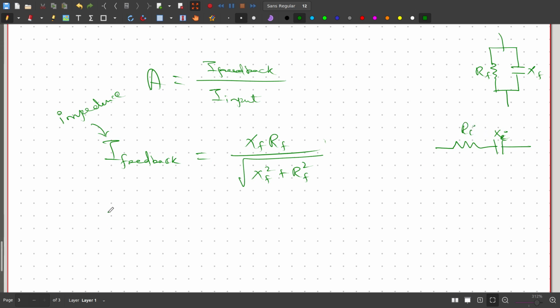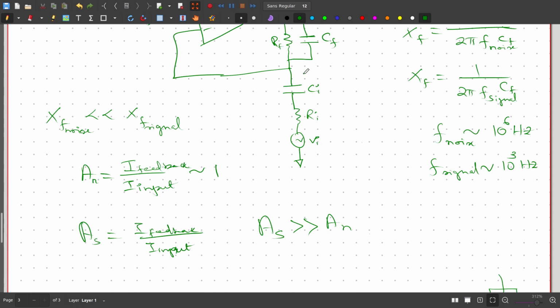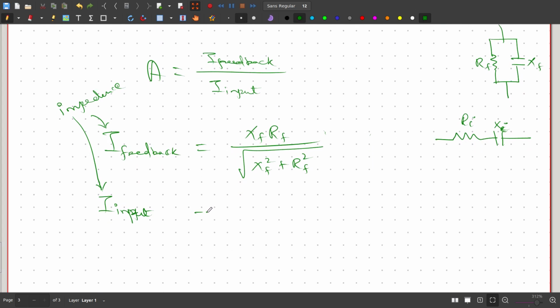The input impedance is the resistance seen by the input signal. Since they are in series, we can write it as root of Xi square plus Ri square.